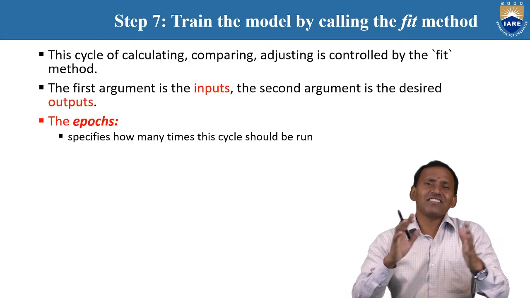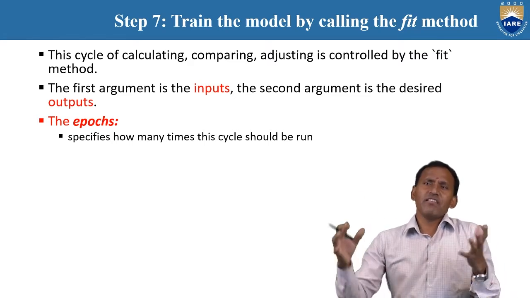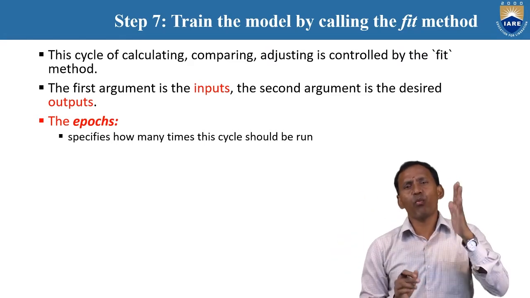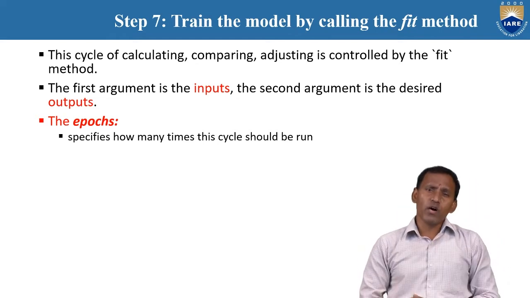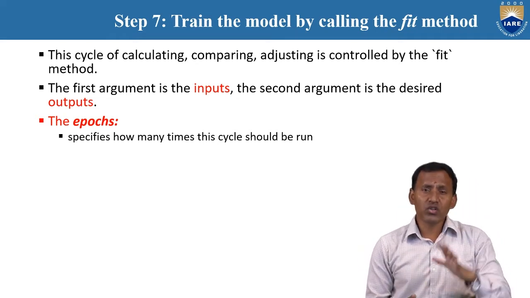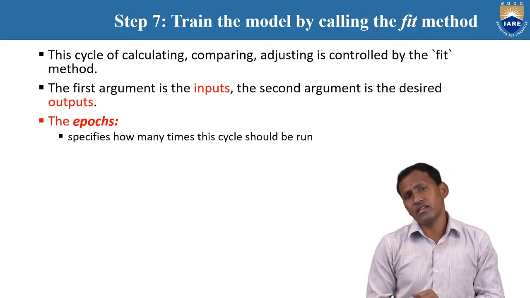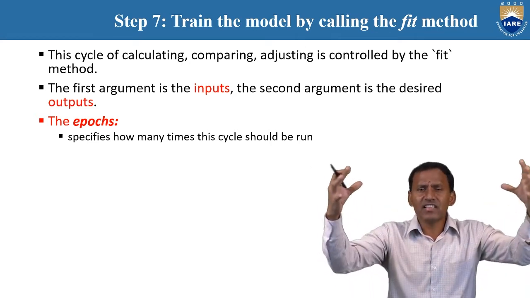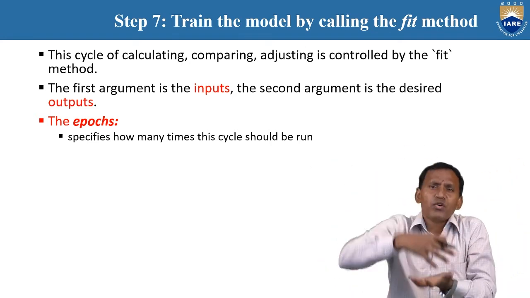Now we have to train the model. In the previous 6 steps, step 1, we create a notebook. Step 2, we import dependency libraries. Then step 3, gather the inputs.